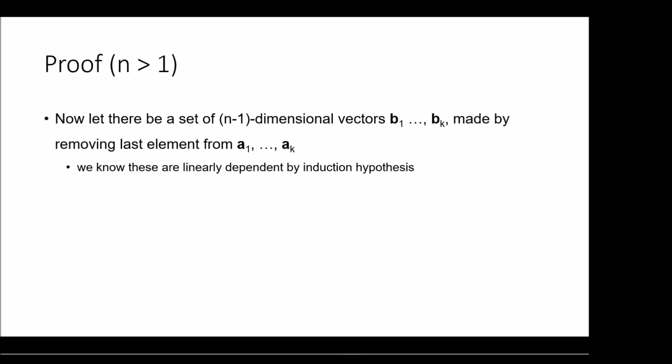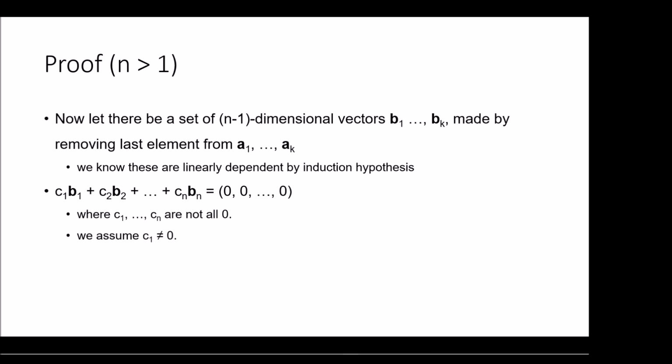Their dimension is lower than k, which, according to the inequality, means that they will be linearly dependent. We can then introduce scalars to this new set of vectors such that not all of the coefficients are 0. That's from the definition of linear dependence.